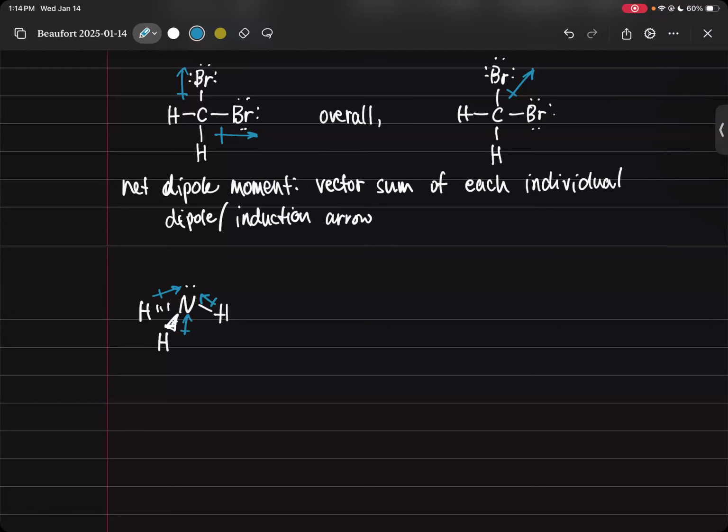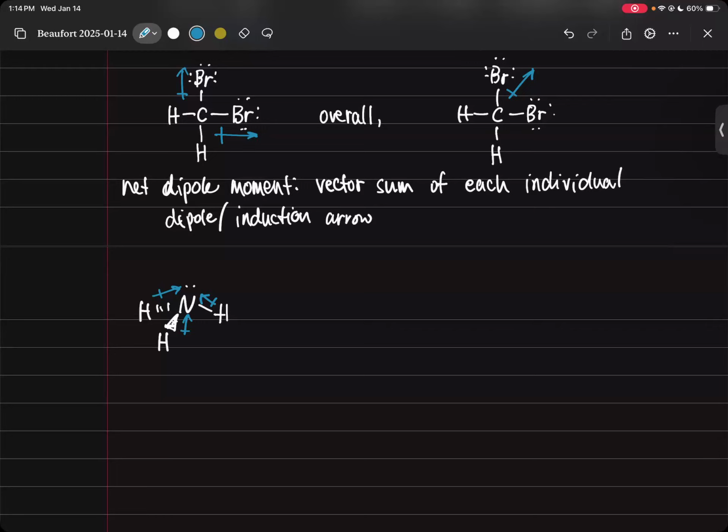But what this allows us to see is, okay, so essentially the nitrogen, okay, here we go. Molecule dance time. So nitrogen, all the hydrogens are kind of going down, right? It's like a tripod. So if all of the dipole moments are pointing toward the nitrogen, they're all pointing up very slightly, but all toward each other.